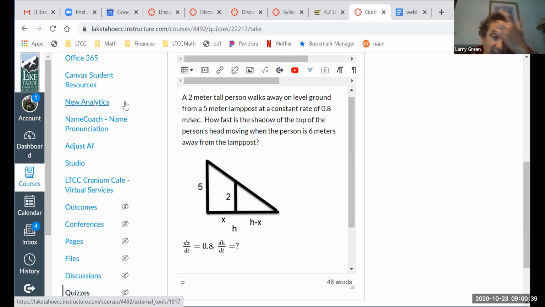Now the next step is we need a relationship that relates h and x. So how do we find a relationship between h and x?